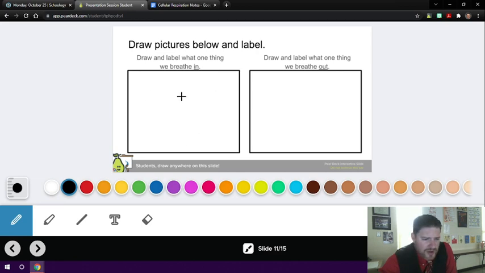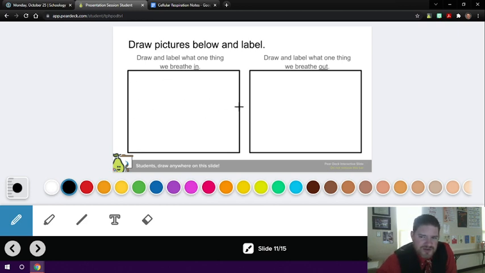And then a little drawing one. For these drawing ones, because a lot of these things you cannot see, like we're dealing with oxygen and carbon dioxide and water vapor, you cannot see those things in front of you because they're right here. They're right in front, but you can't see them. I want you to give them some kind of visualization so that it'll make it easier for you to remember.